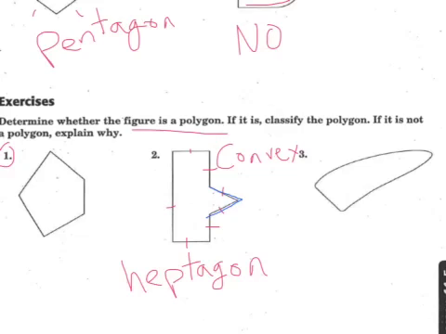If it's pointing out away from the figure, we call it convex. But if we were to have a shape that looked like this, where it comes into the figure, we would call that concave. So we can have a convex or a concave polygon. You can go ahead and do number 3 on your own, and we'll flip over to the next page.